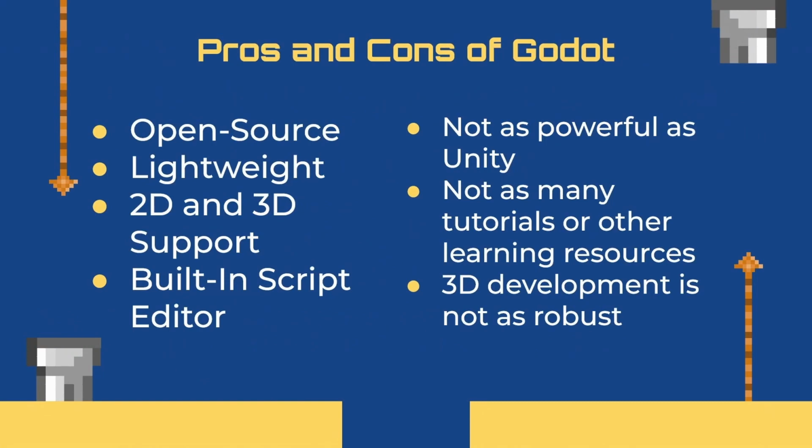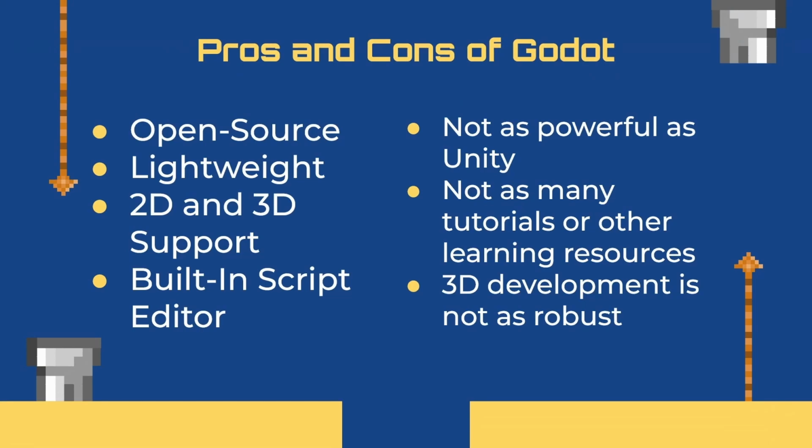So what are the pros and cons of Godot? Some of the pros: it is open source, like I said. It's lightweight. If you open the game engine, it opens in like 30 seconds compared to Unity. Unity has to compile a bunch of packages and builds before it opens up. It does have 2D and 3D support, and like I said earlier, it does have a built-in script editor.